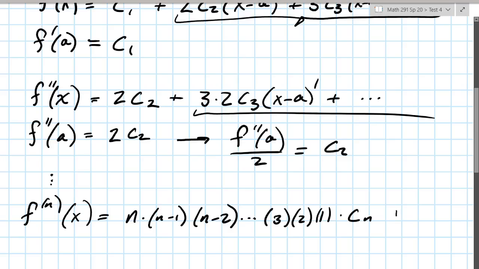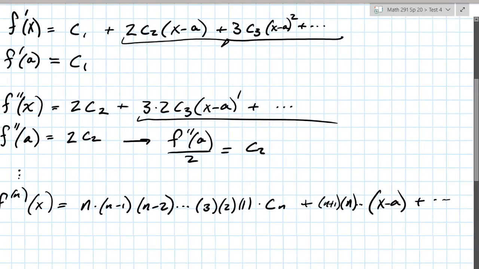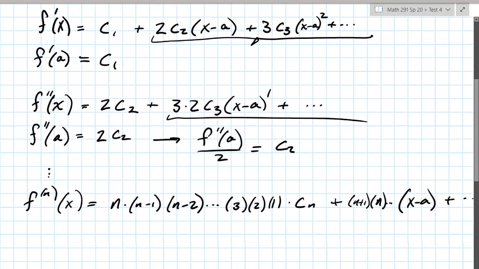Then you're going to have the n plus 1 times n times dot dot dot, but this is going to have an x minus a term in it, plus some more stuff there. And when we evaluate this at a, we have the nth derivative at a.